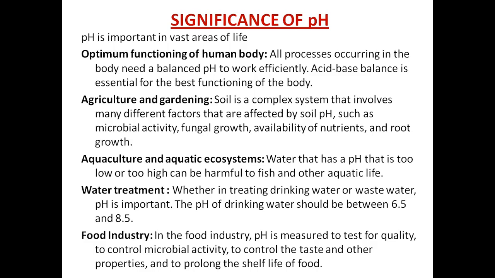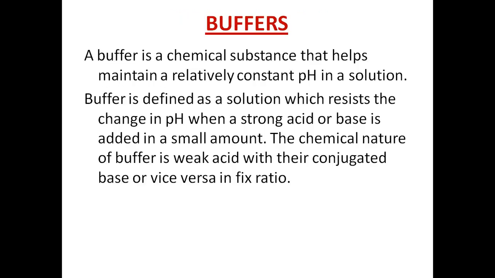The pH of drinking water should be between 6.5 to 8.5. In the food industry, pH is measured to test for the quality, to control microbial activity, to control the taste and other properties, and to prolong the shelf life of the food. So this is the significance of pH.